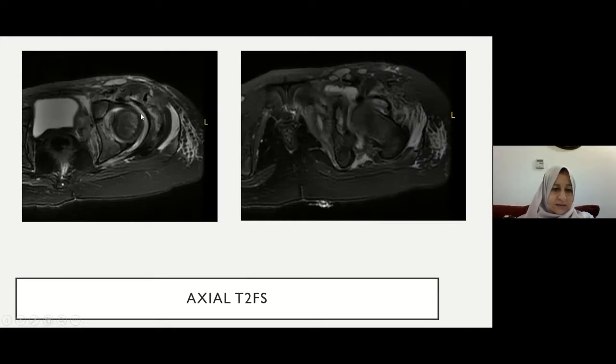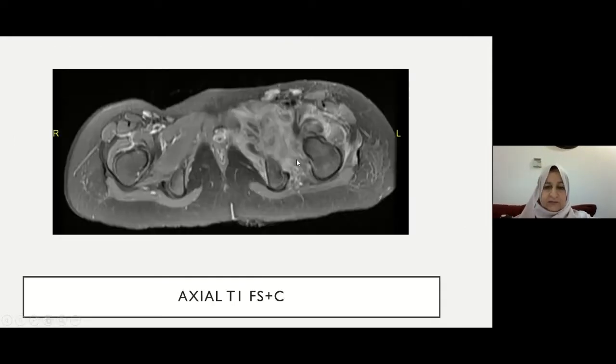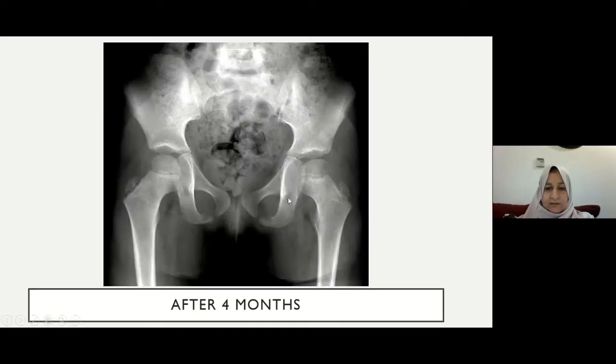Her axial T2 is showing the joint effusion, soft tissue edema, and here two pockets of infection, more caudal around the pubic part, pointing to the primary focus. In this axial T1 fat-set contrast, you can see these two pockets of collection and very enhancing infected soft tissue. After surgery and antibiotics, she, alhamdulillah, got complete resolution.